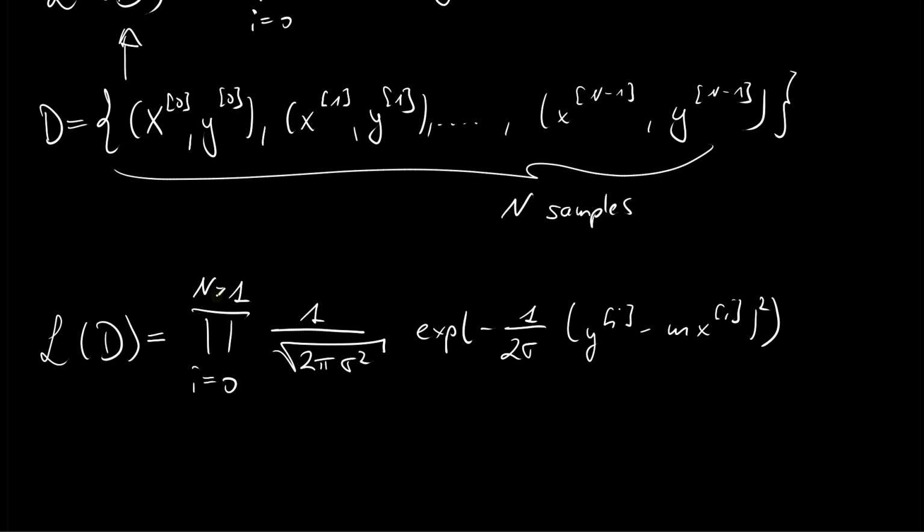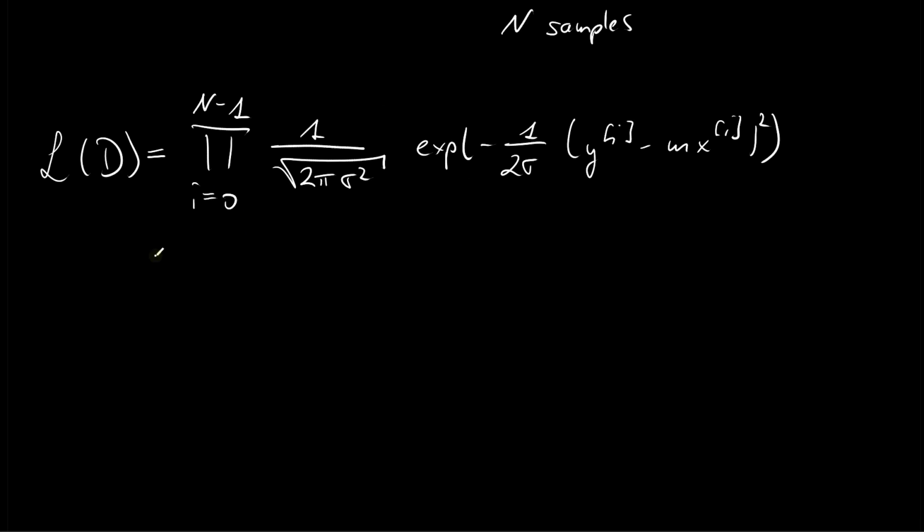So first we have a product here consisting of the normalization and then this exponential term. So we can apply the product separately. So let me first do i from 0 to n-1 over the normalization, so 2 pi sigma squared.